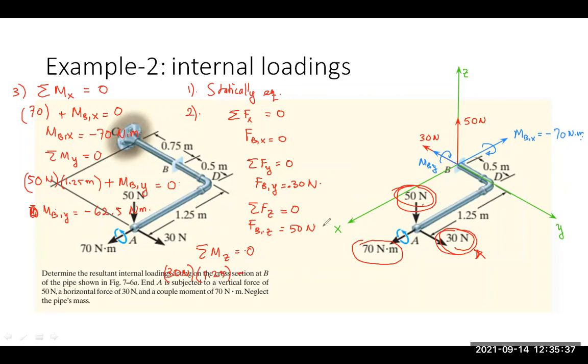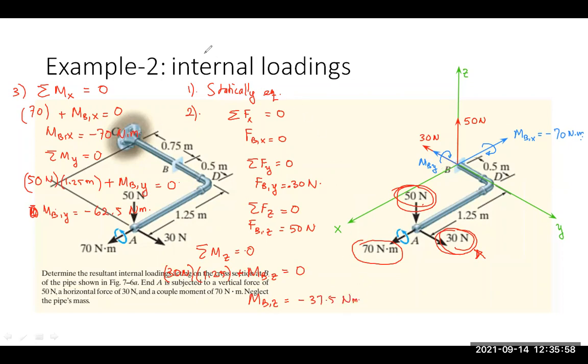and it must be balanced by the moment at point B in z direction. So the reaction moment at point P in z direction will be minus 37.5 Newton meter.